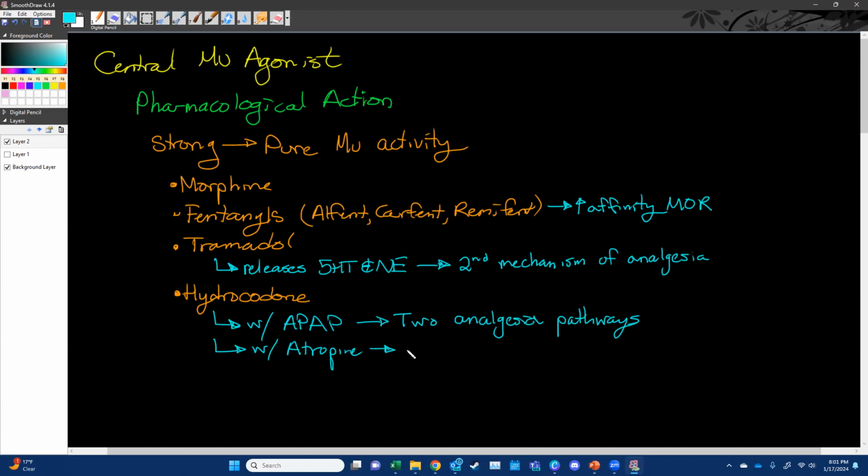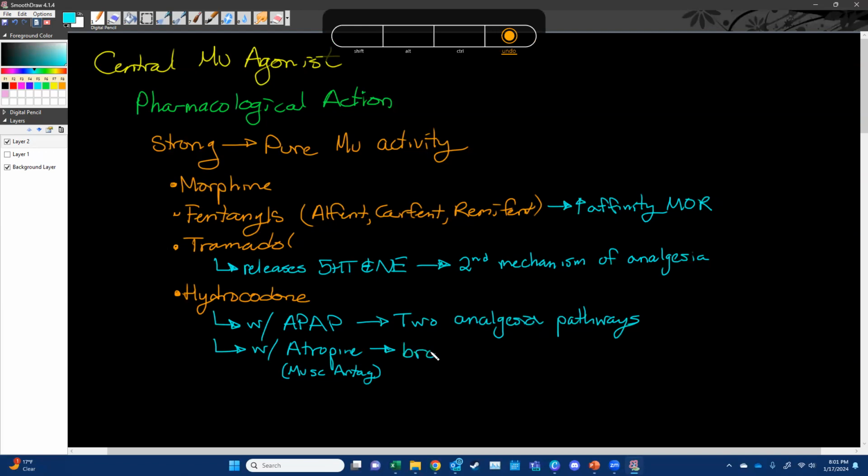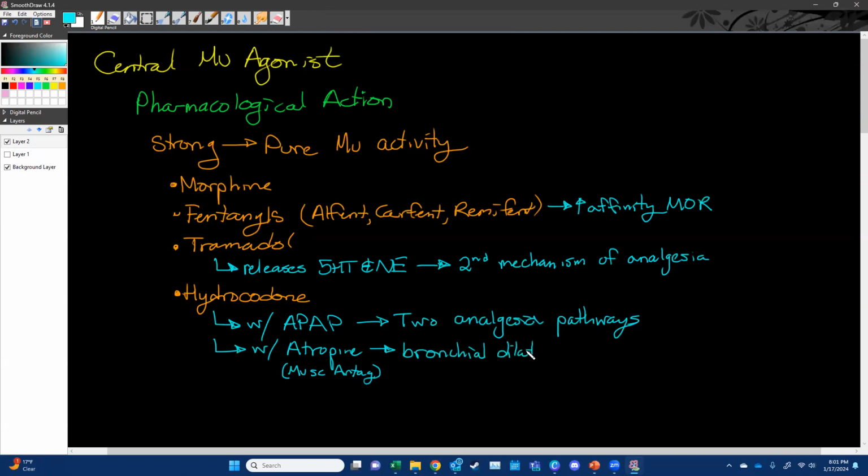Yeah, essentially, atropine, if you remember, is a muscarinic antagonist. And what this is going to do is cause bronchial dilation. And so this combination is helpful in cough.